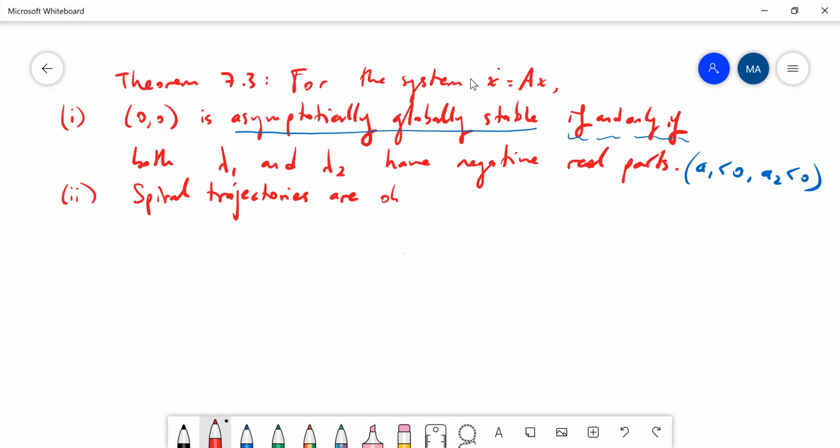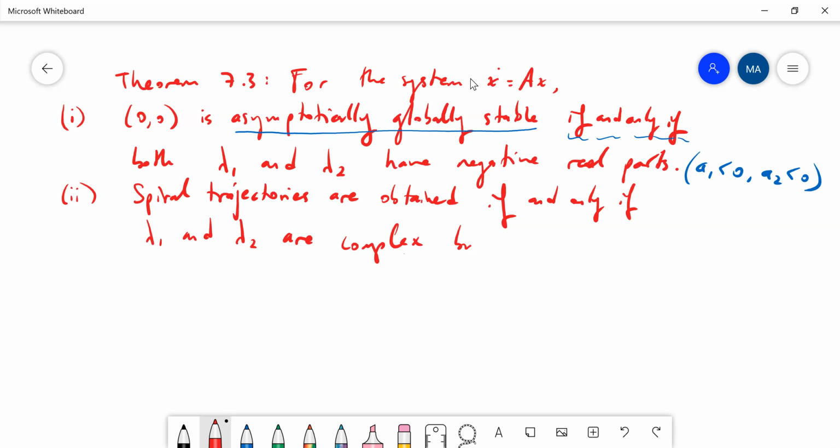Spiral trajectories are obtained if and only if lambda 1 and lambda 2 are complex, but not purely imaginary. Okay? What does it mean?